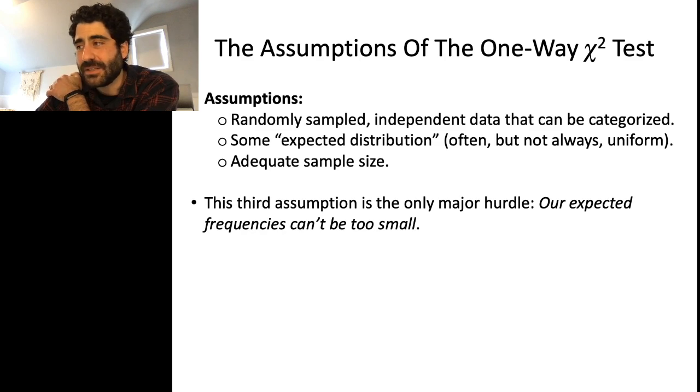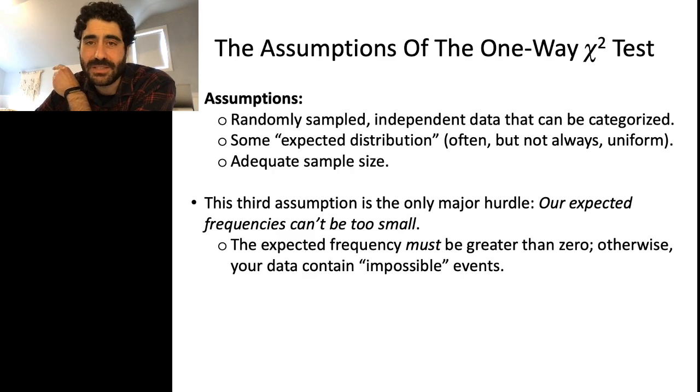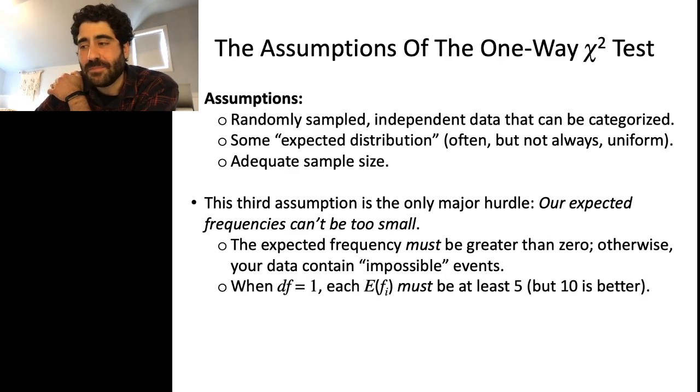And so there's a few things we need. First of all, we need expected frequencies to be bigger than 0. Otherwise, we're going to have divisions by 0 in our statistic, which is going to be bad. And ideally, we'd want every outcome here to be at least 5. So if we only have 2 possible outcomes, we want at least 5 or 10 in each of these outcomes.